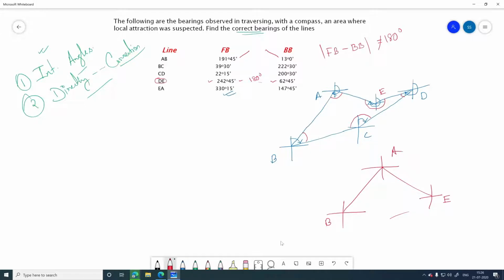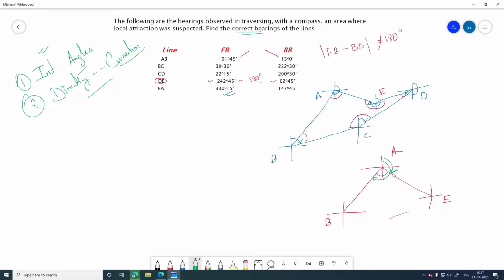To determine this particular angle, we know the forward bearing of AB, the total angle, and we also know the forward bearing of AE.